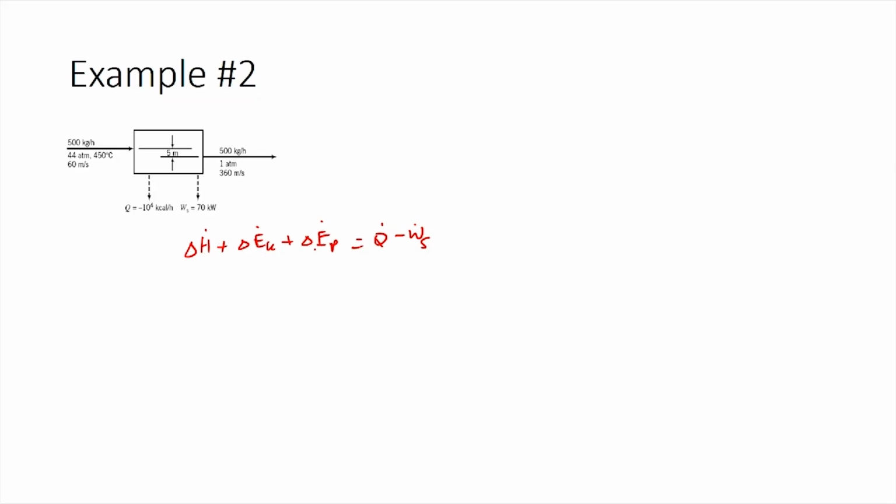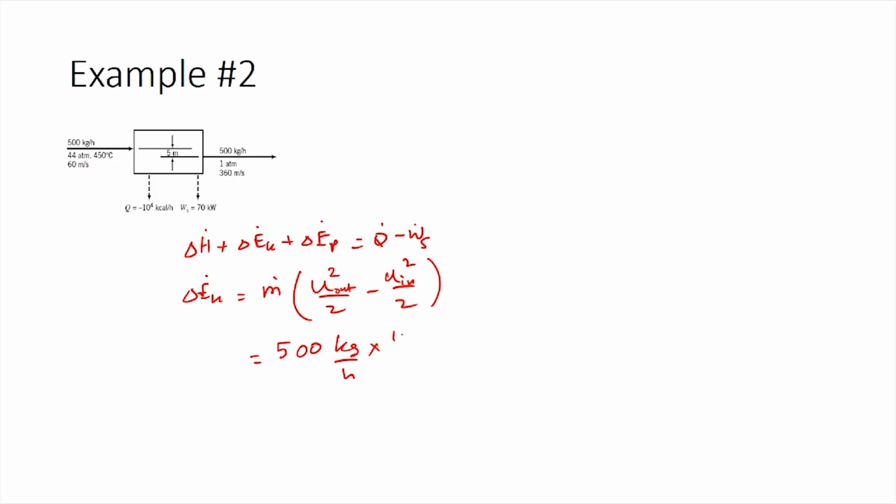From the parameters which have been given, we can calculate delta Ek dot, which is the change in kinetic energy, as m dot times (u out squared divided by 2 minus u in squared divided by 2). We know the velocities for the inlet and the outlet streams. The outlet stream travels at 360 meters per second and the inlet stream travels at 60 meters per second. The mass flow rate is 500 kilograms per hour, which needs to be converted to kilograms per second because we have the velocities in meters per second.